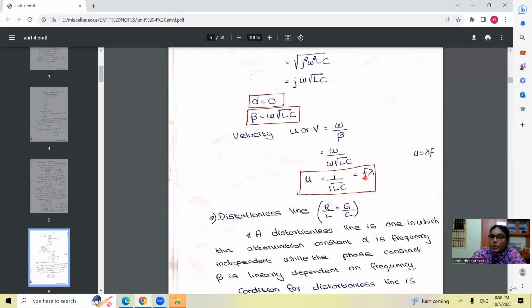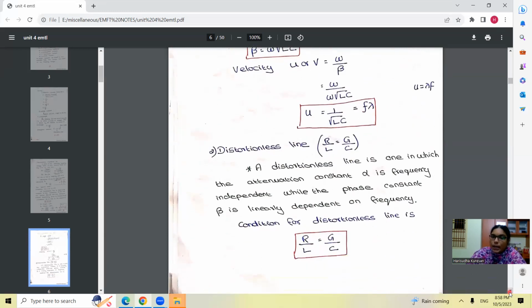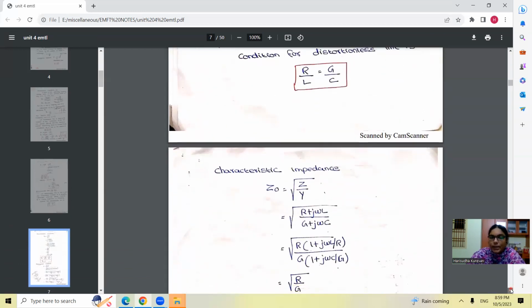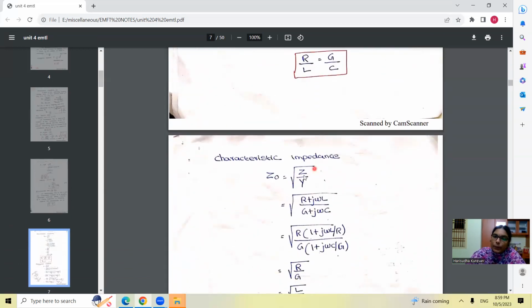The second special case is the distortionless line. The condition for the distortionless line is R by L is equal to G by C. Now we'll see the characteristic impedance. The basic formula is Z0 is equal to the square root of Z by Y. We know Z is equal to R plus jωL and Y is equal to G plus jωC.